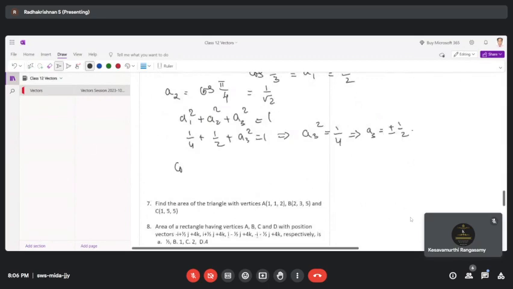So cos theta equal to plus or minus half. That means theta can take multiple values, but since it is given that theta is an acute angle, it has to be pi by 3. We have to take cos theta equal to half. So theta is pi by 3.